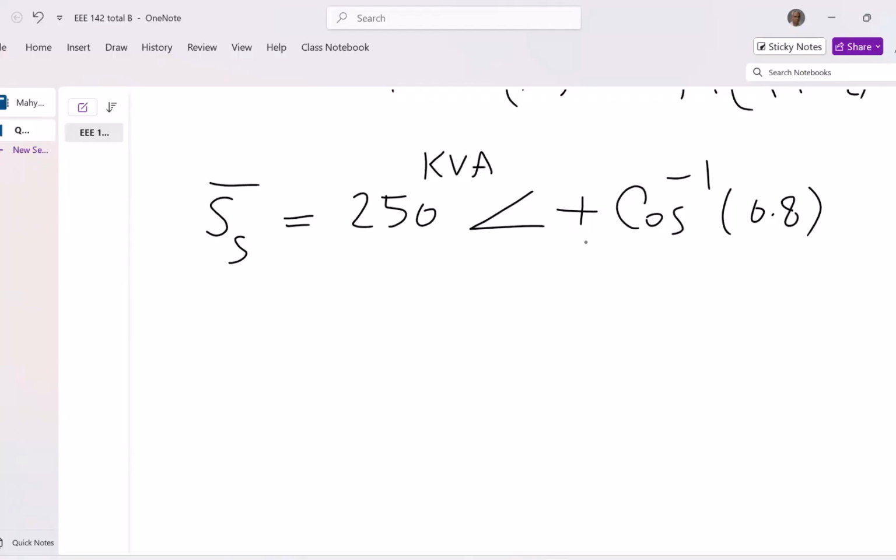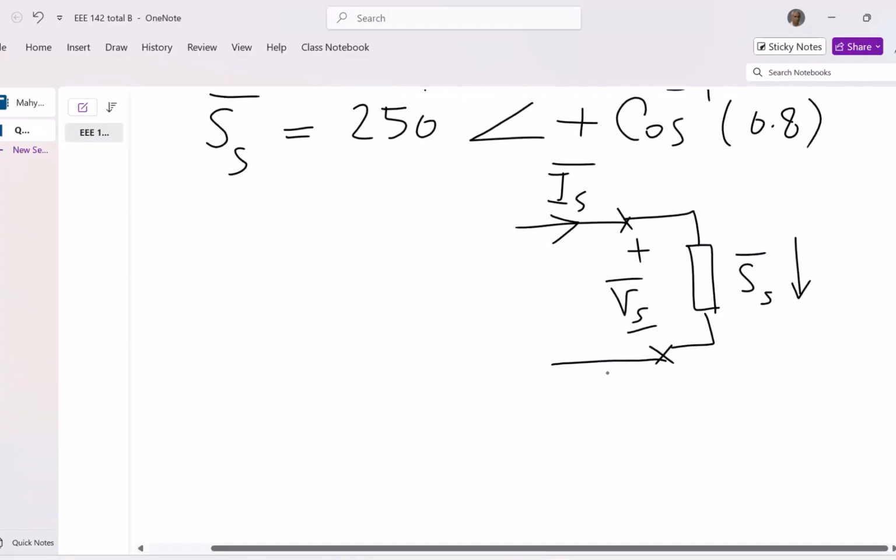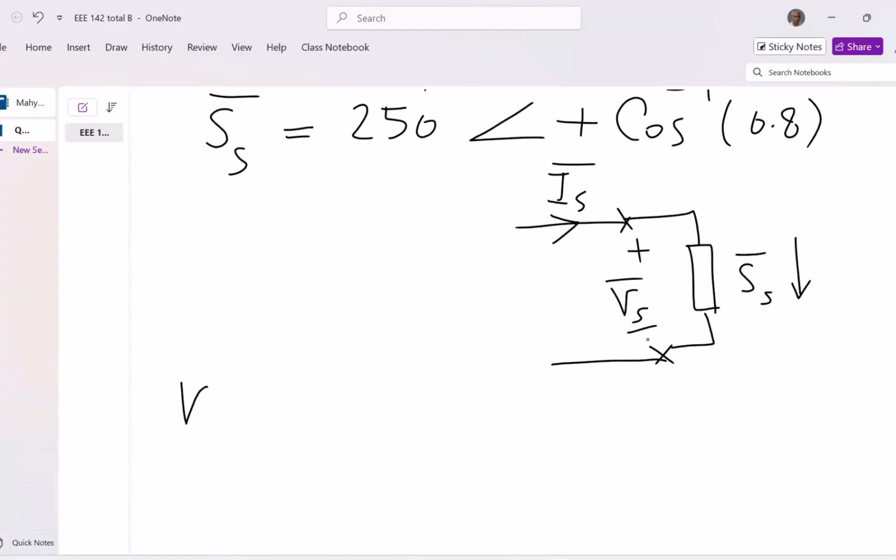We find the SS, and if this is your load, and this is the SS that it's consuming, this was plus minus V secondary, or V of the load, and this was the IS, the current through the secondary side of the transformer. Because we have VS, VS is equal to how much?